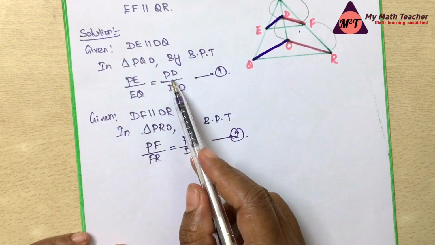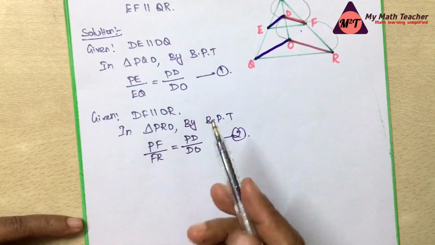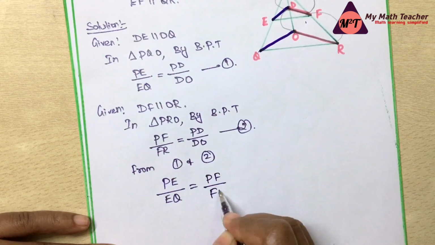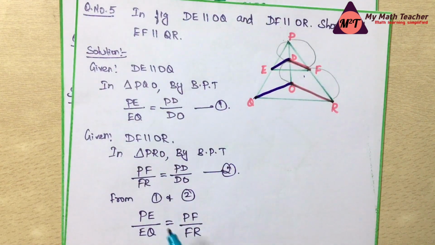Both the equations have the same RHS. So from 1 and 2 we can say the LHS are both the same. When we are equating both the equations, we have got PE divided by EQ is equal to PF by FR.